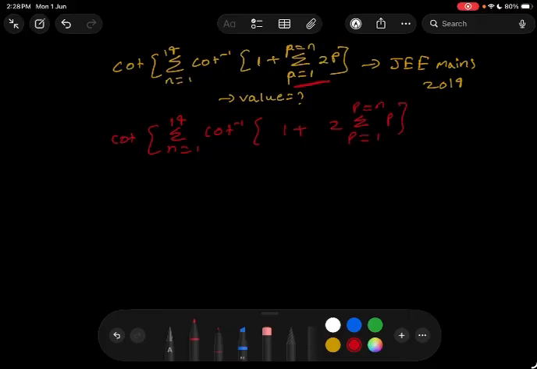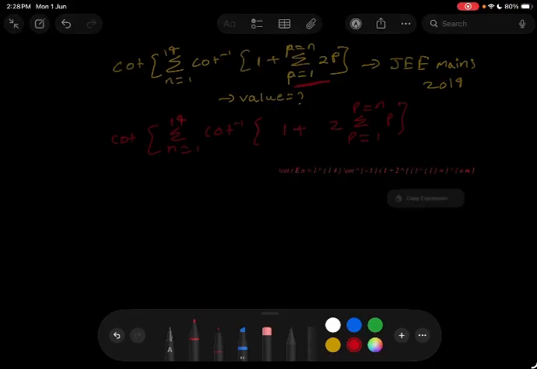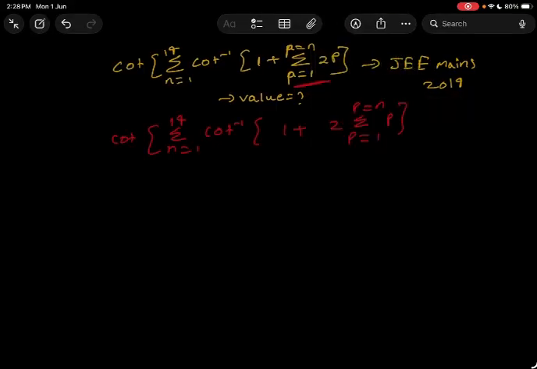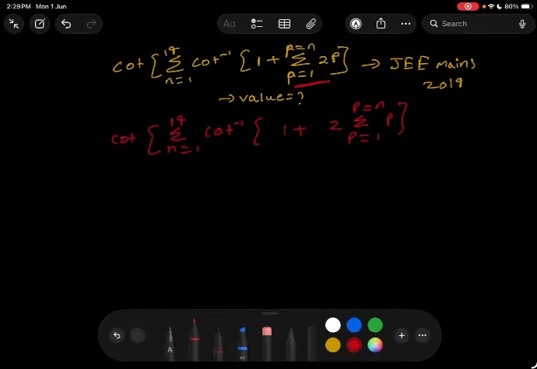So now what does this summation series represent to us? This series represents the summation of r from 1 to n, which is going to be n into n plus 1 by 2.